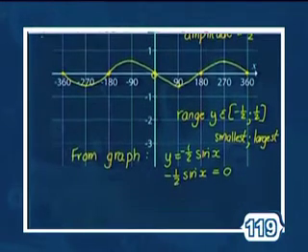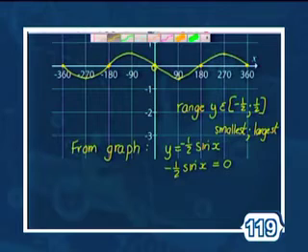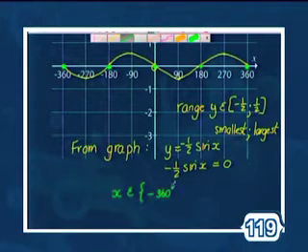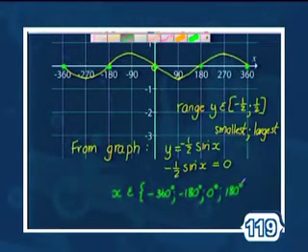And you can see that your graph is going to take a y value of 0 at minus 360, at minus 180, 0, 180, and 360. So you would say x would be an element of the set minus 360, minus 180, 0, 180, and 360.